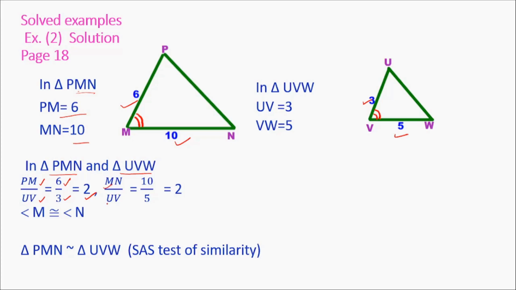MN to VW is 10 upon 5, right? It's given in the figure, 10 and 5. So the ratio is 2. Now angle M is congruent to angle V. Therefore, triangle PMN is similar to triangle UVW by SAS test of similarity.